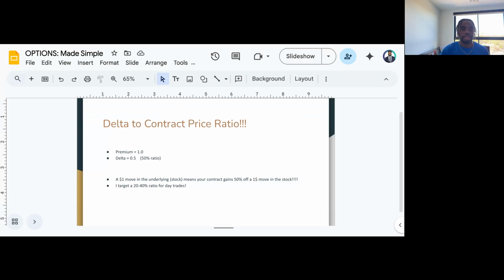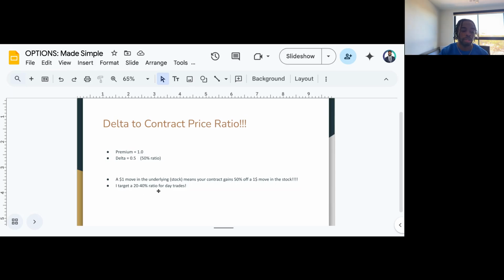Certain stocks might have different deltas and different contract pricing, so I'm always pretty picky about what I'm trading. I'm trading SPY, QQQ, or IWM. These 3 ETFs have super cheap contracts, and you get really good deltas and really good movement overall. So a $1 move in the underlying means your contract gains 50% off a $1 move in the stock.